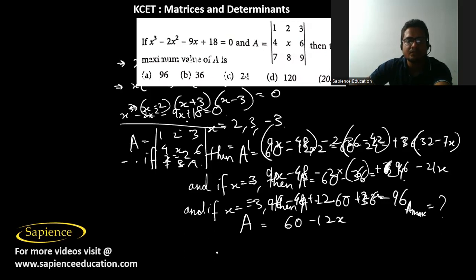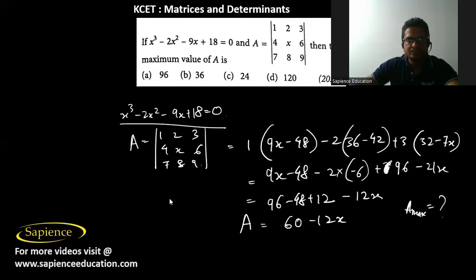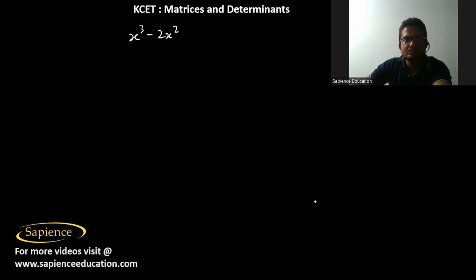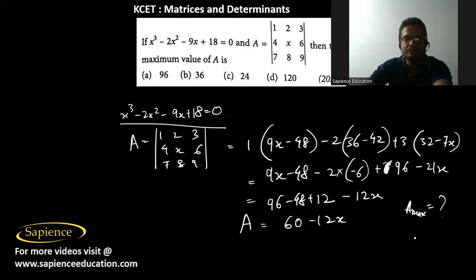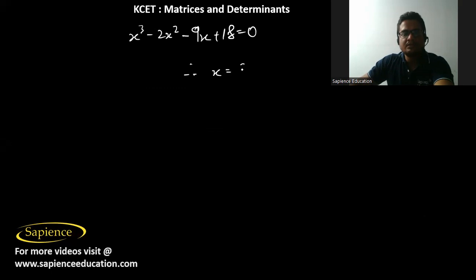So from here, if we solve x cube minus 2x square minus 9x plus 18 equal to 0, we get x equal to 2, 3 and minus 3.